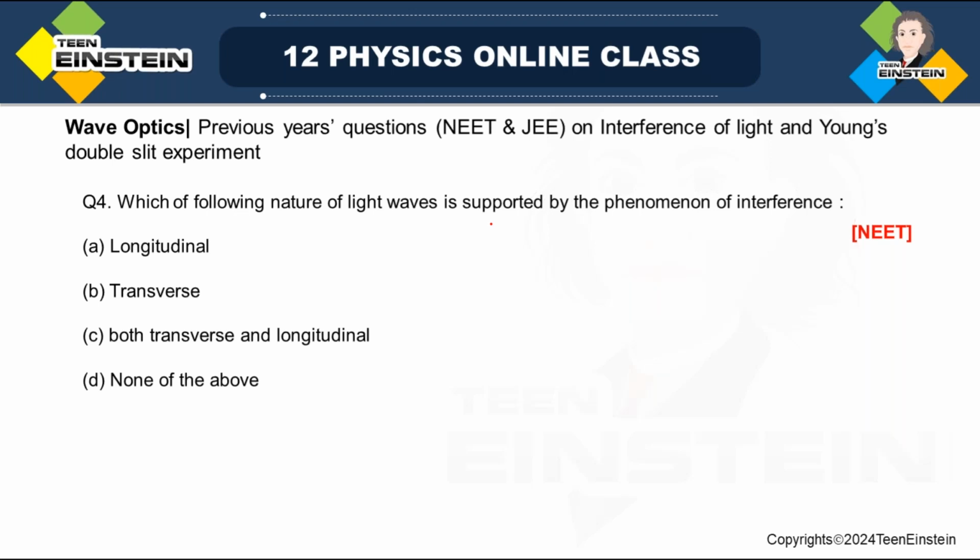Which of the following nature of light waves is supported by the phenomenon of interference? Whether it is the longitudinal wave or transverse wave, or both longitudinal and transverse.